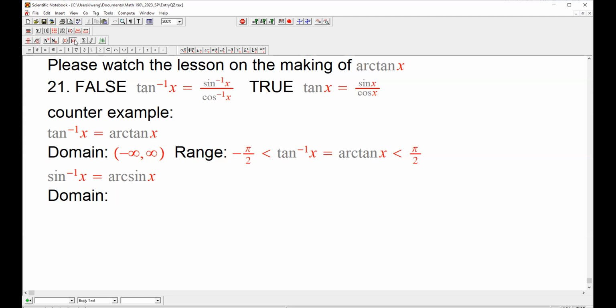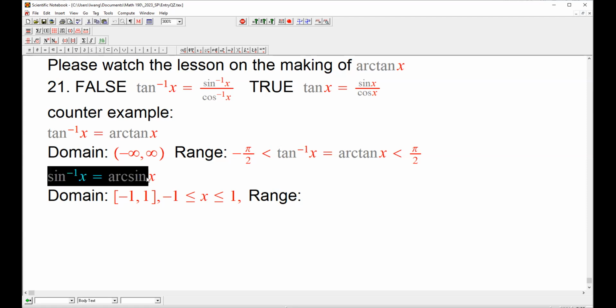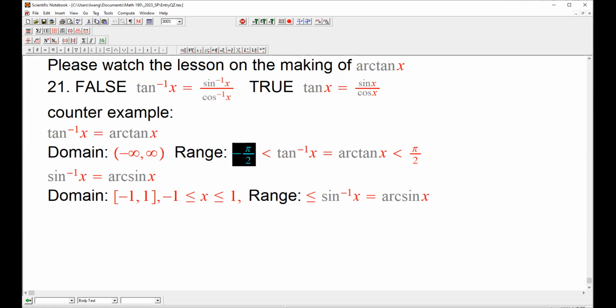The domain is from -1 to +1. In other words, this x has to be between -1 and +1. And the range of arcsine is between -π/2 to +π/2.